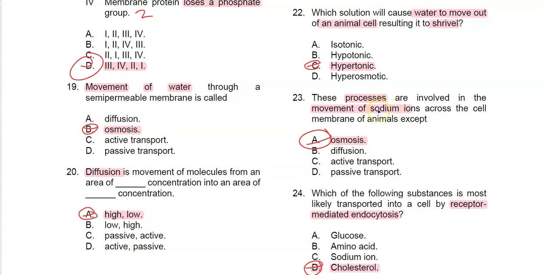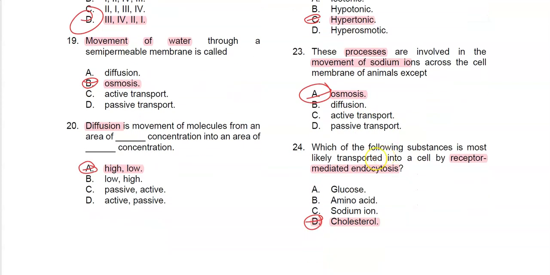Sodium can enter into the cell through active transport, such as the sodium potassium pump, or passive transport, such as voltage gated channels for sodium that are found along the axon of a neuron. This is passive transport, specifically a type of facilitated diffusion.